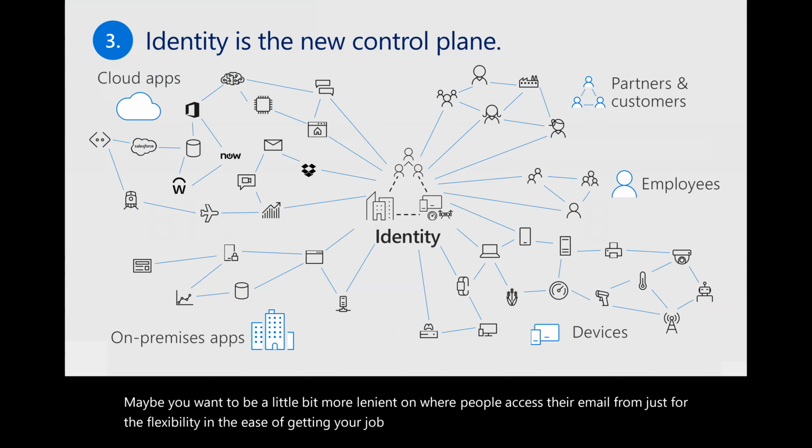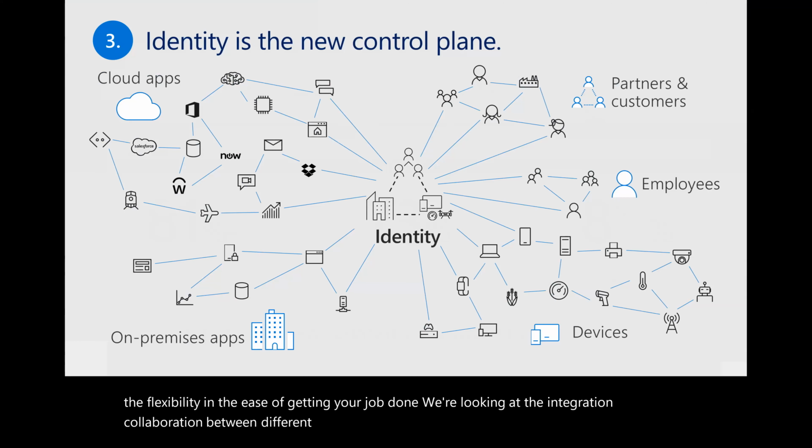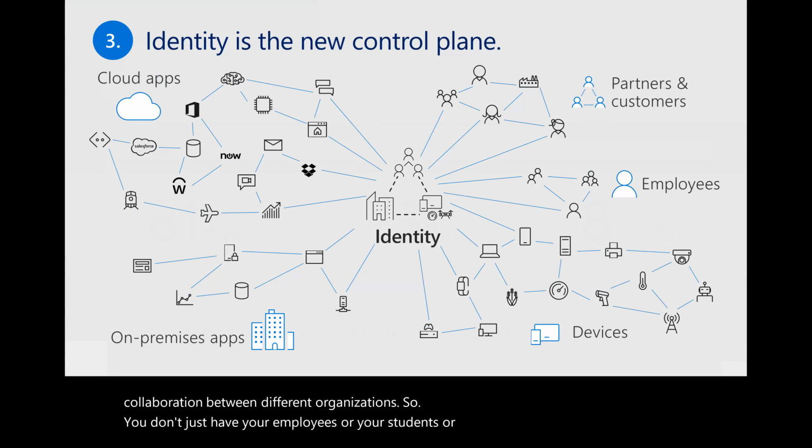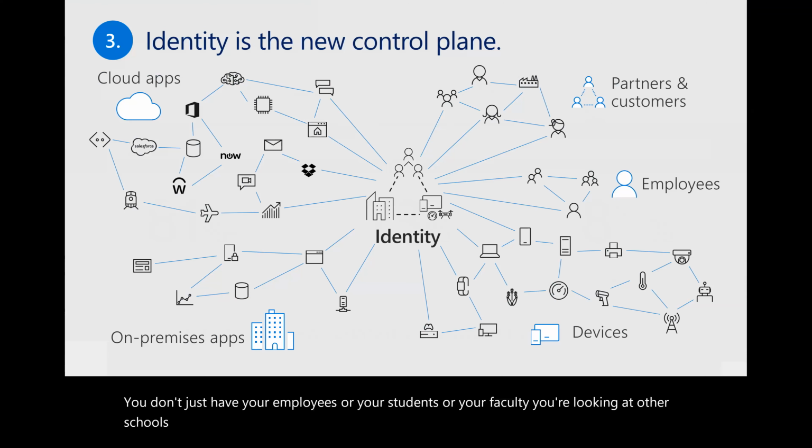We're looking at the integration and collaboration between different organizations. So you don't just have your employees or your students or your faculty. You're looking at other schools and other organizations that you partner with and being able to provide them access to resources, but still do that fluidly and securely.